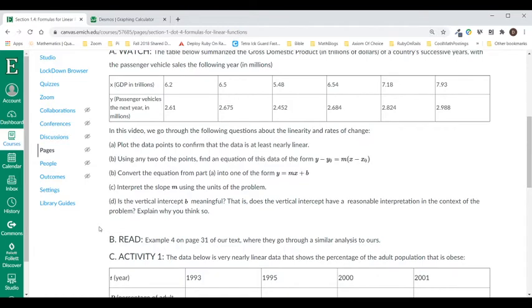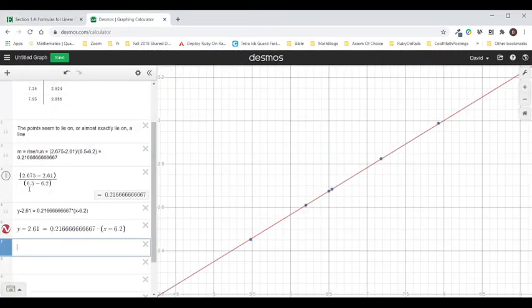Now it says convert the equation from part A into y equals mx plus b. We can do that. I'll do that in a note first, and then we'll type it in. I'm going to multiply the right-hand side out, so it's going to be 0.216666667 times x minus 0.216666667 times 6.2 plus 2.61.